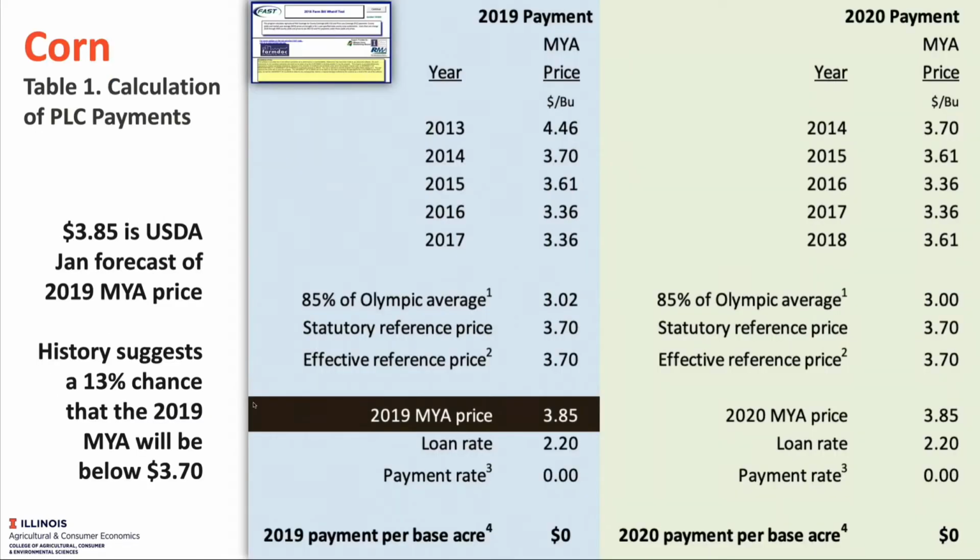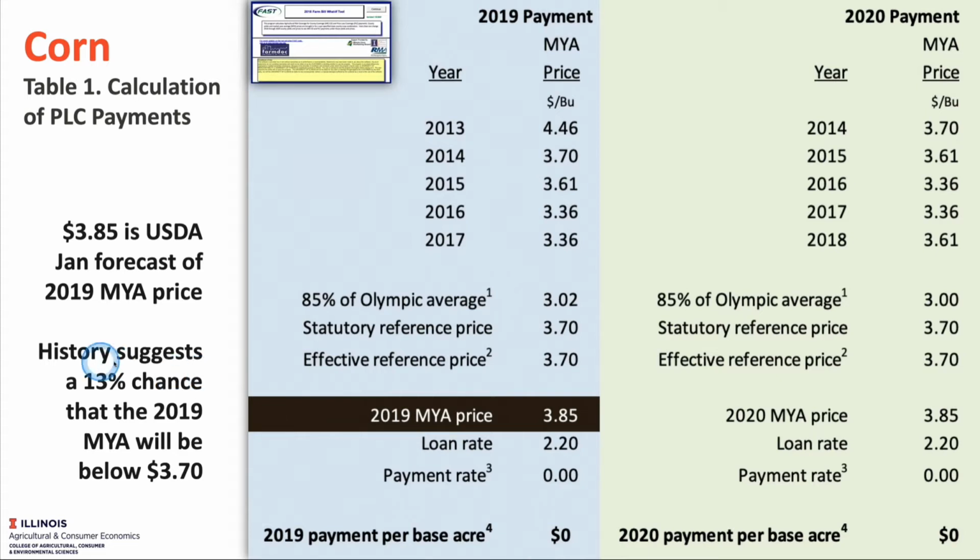All right, so here is the calculation of PLC payments, and we're using a 385 USDA January forecast for the 2019 market year average price. This 385 was released by USDA in January. Jonathan has something he's going to say. No, I was just going to say this has been updated in the Gardner tool and in the FAST What-If tool as well, so we're now using the most up-to-date prices.